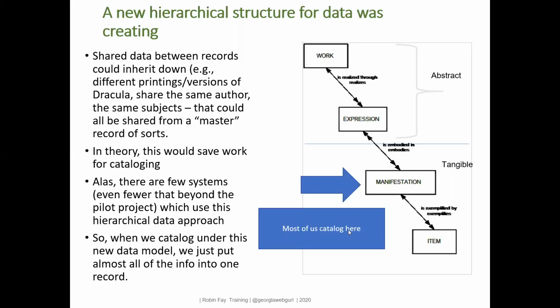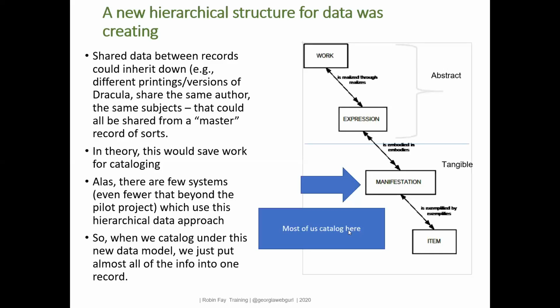So for example, if you have Dracula, there's like a gazillion movies that are Dracula, right? And there's a lot of different printings of Dracula, different languages, different editions, illustrations, graphic novels, all kinds of things of Dracula. So we could have this one record at the top for Dracula, and it might include the same author for all the things that are actually a Bram Stoker version. It would include the same subjects because, of course, the story of Dracula stays the same across all of those. And those could all be shared with a master record of sorts.